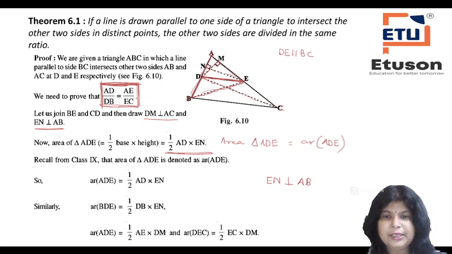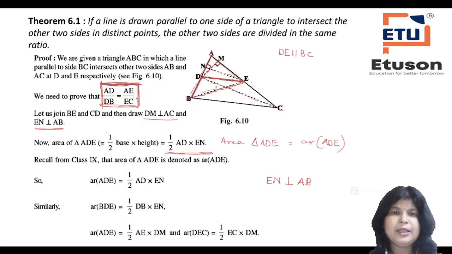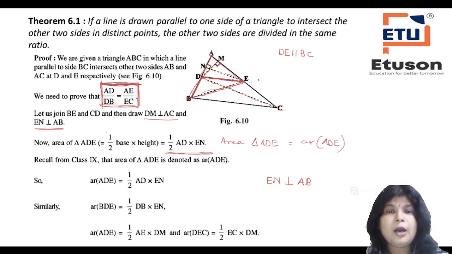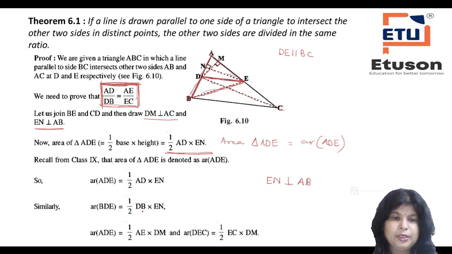So area of triangle BDE is equal to again half into base into height. What is base here? Because you have altitude corresponding to AB, you can take half into DB into EN. Half into DB into EN, right?